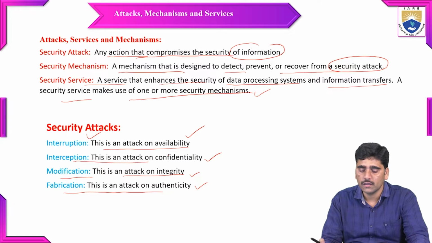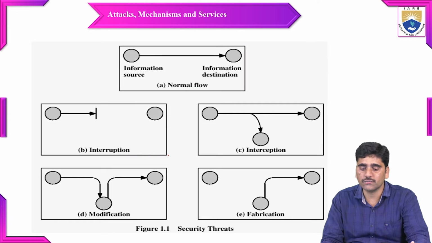Integrity is maintaining the data as a unique, single copy, and modification attacks are present on that. Authenticity and authorization are attacked by fabrication attacks. These are the attacks, and we will see how they happen. In general, the normal flow of data transfer happens like this.